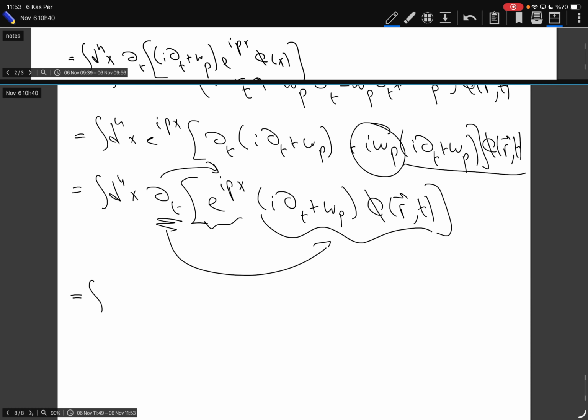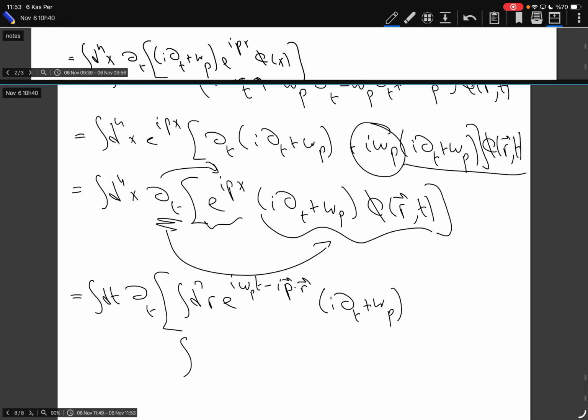So let's see what that expression is. This will be equal to the time derivative times d^3r e^{i omega_p t minus i p r} (i del_t plus omega_p).